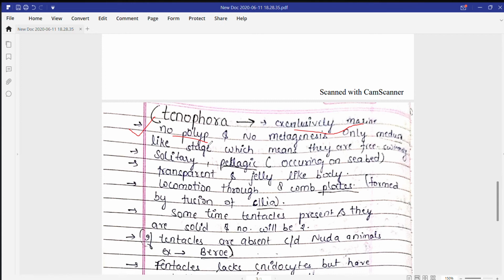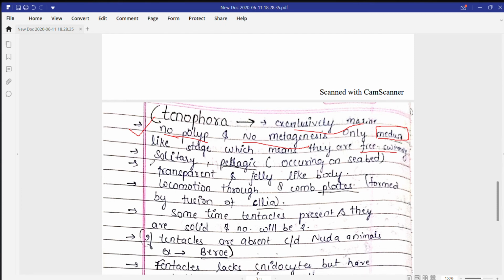But in ctenophores there is no polyp stage, so there will be no metagenesis also. Only the medusa form is found, the umbrella-shaped body, and they swim freely in the water. They are motile in nature.